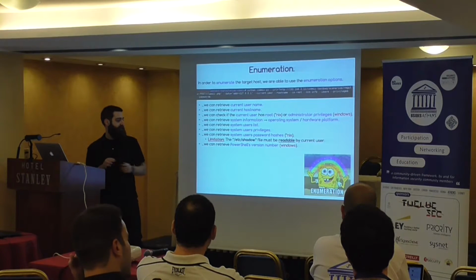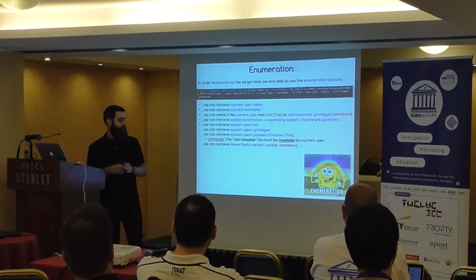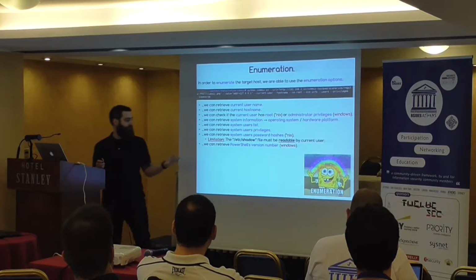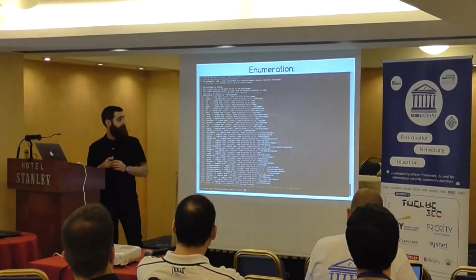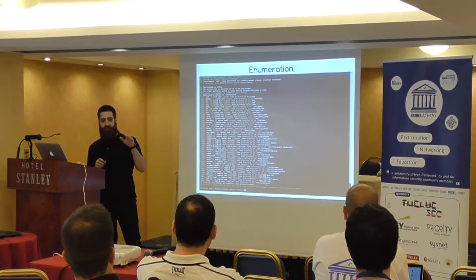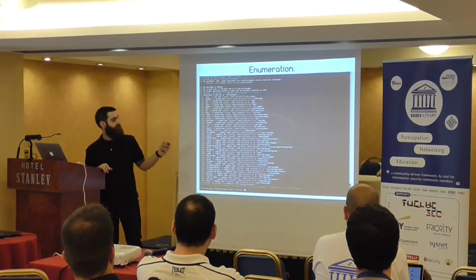The only limitation here is that this file must be readable by the current user. And if we are against a Windows target, we can retrieve PowerShell's version number. And if someone puts all these flags together, or if someone puts just the short option, the result will be similar to this figure.